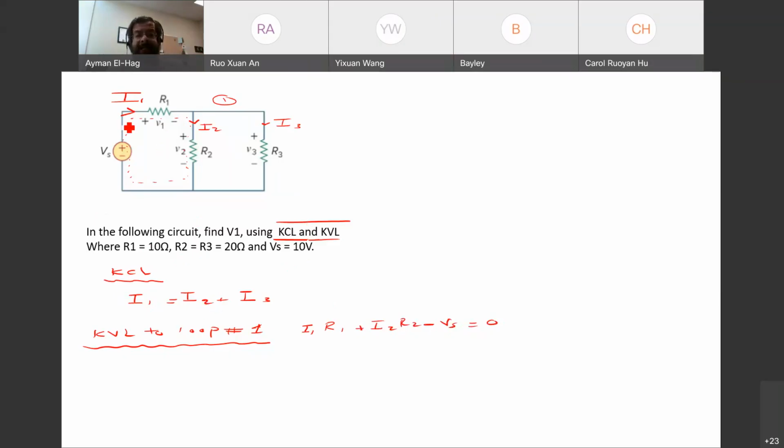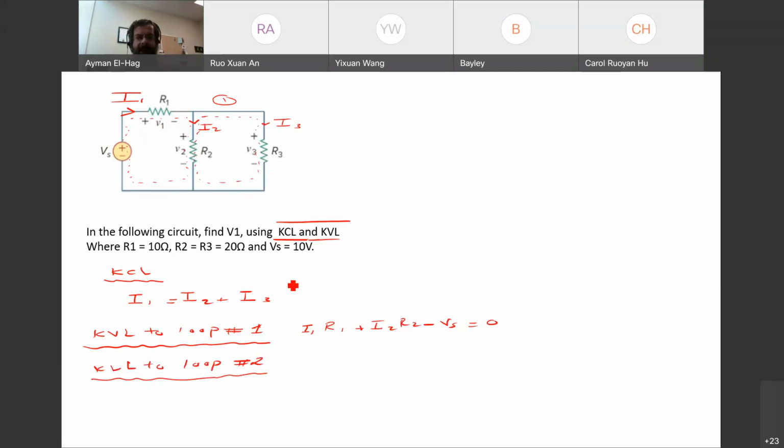Now I can take the bigger loop or the smaller loop. Any of them will do the job for me. So I will take this loop, the smaller one, and I will call this KVL to loop number 2. Now we go, and as I mentioned before, you can go clockwise or anti-clockwise.